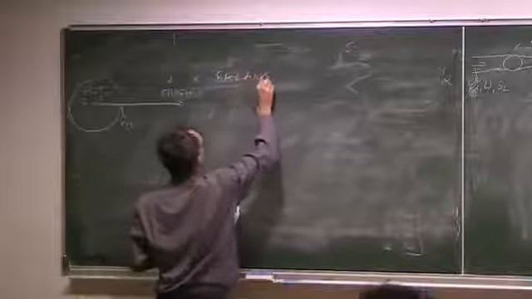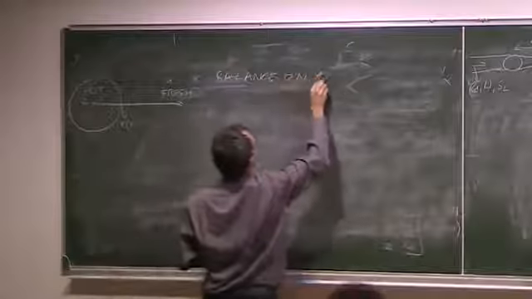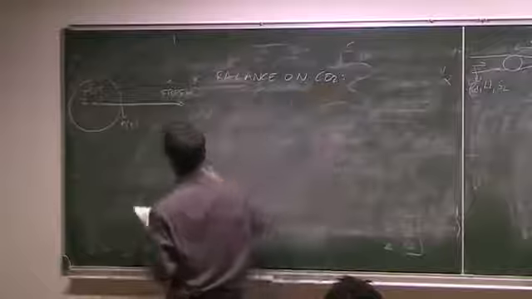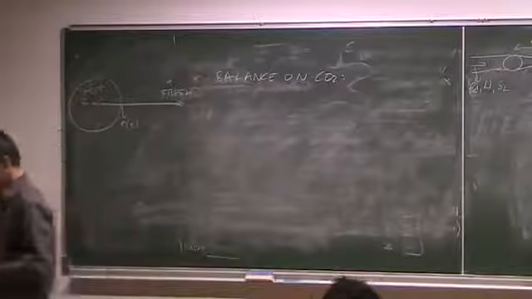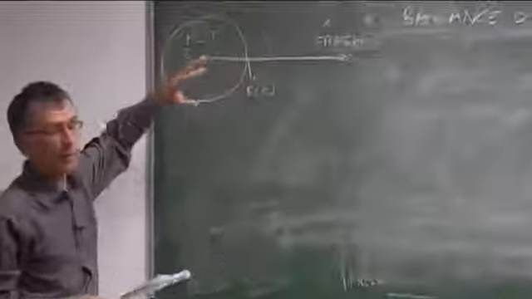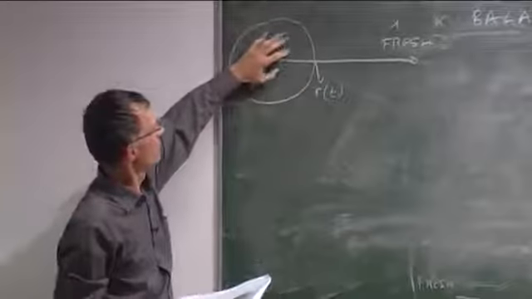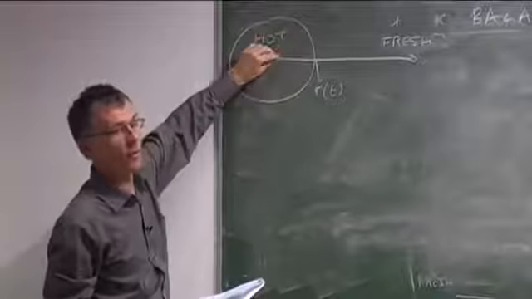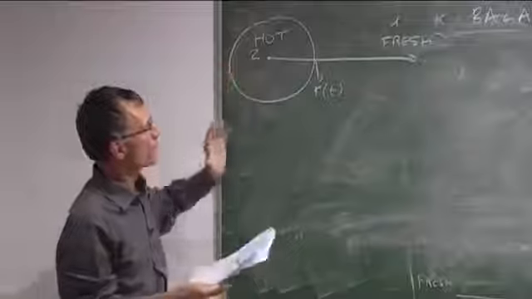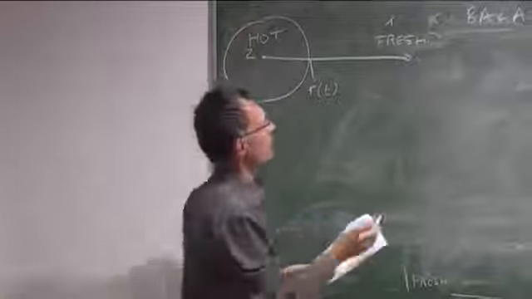We're going to write a balance on CO2, for example. So what does it mean? I'm trying to guess how much CO2 I have here. Initially I have 0, and the CO2 is growing. The mass of CO2 in a system like this, I know it.